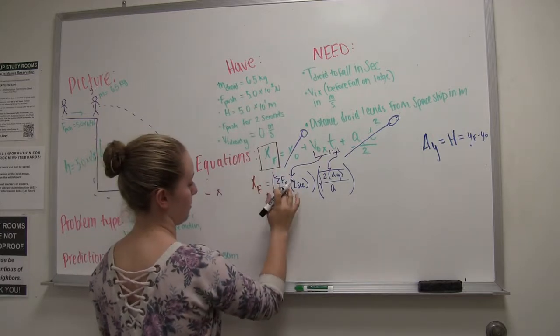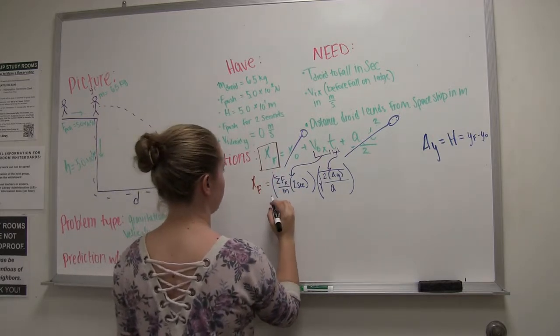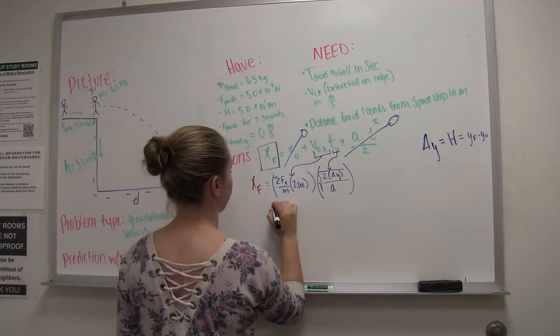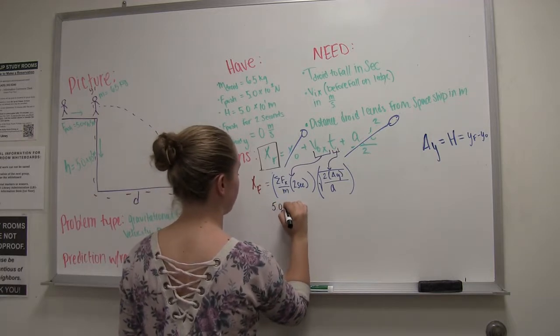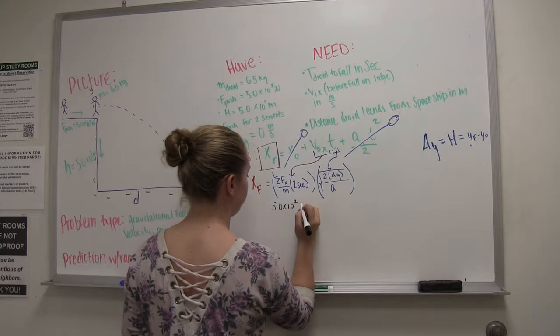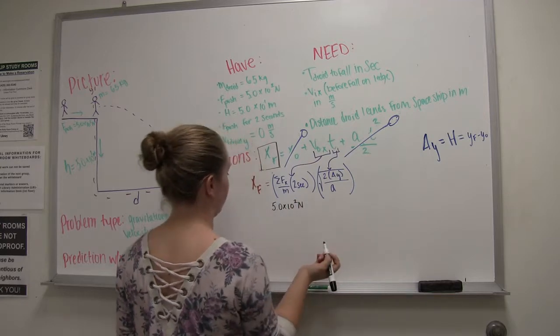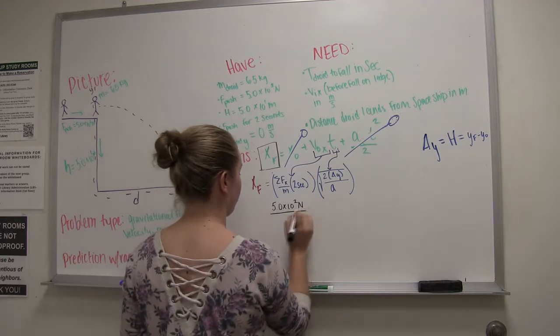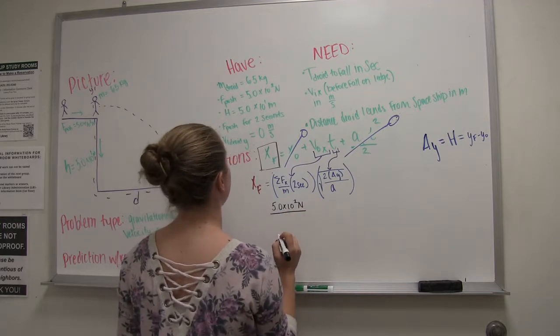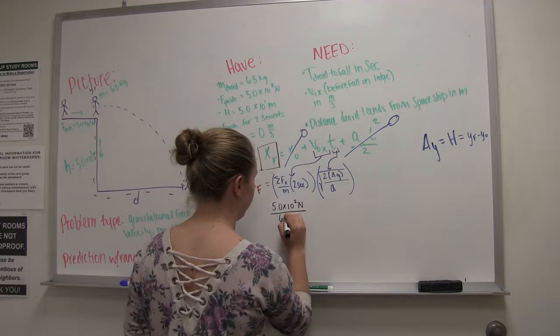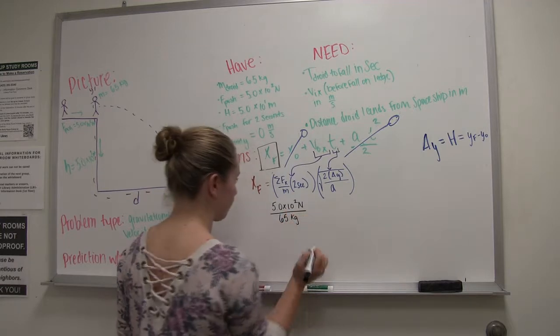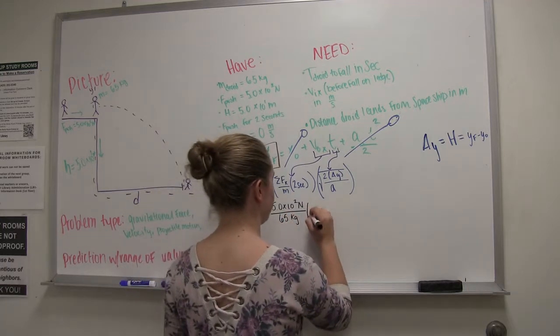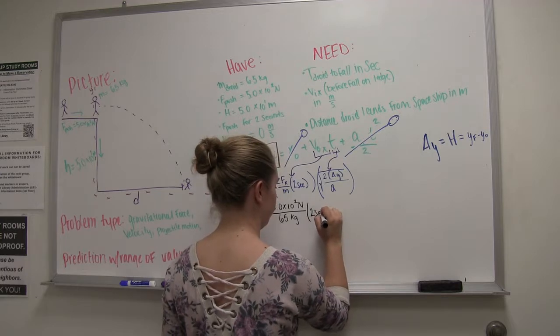The F push is the same as sum of forces, right? So this is the first part of it. We know that his force of the push was 5.0 times 10 to the 2 newtons. Your units are really important, so don't forget them. Over mass, which is the mass of the droid, 65 kilograms, times the 2 seconds he pushes him.